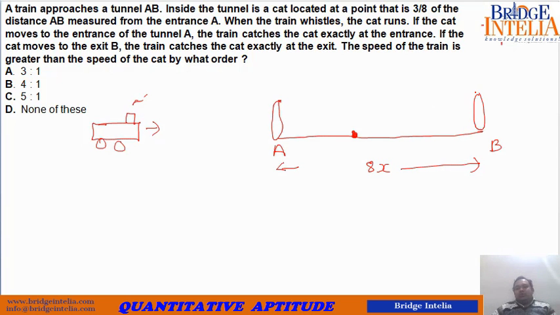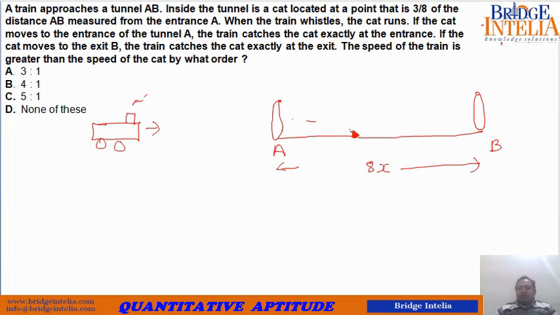These are the two ends of the tunnel. Now the cat understood that the train is coming. Now the cat has two options. Either the cat will try to come out from this route, because it is a tunnel, so it has to come out, otherwise it will be crushed under the train.